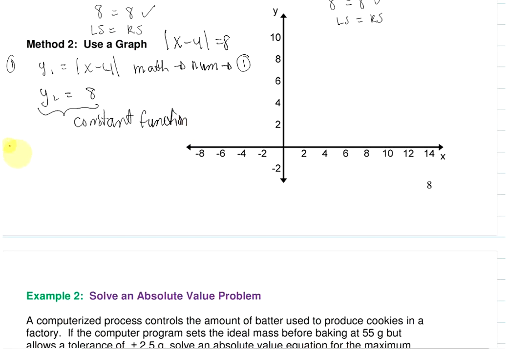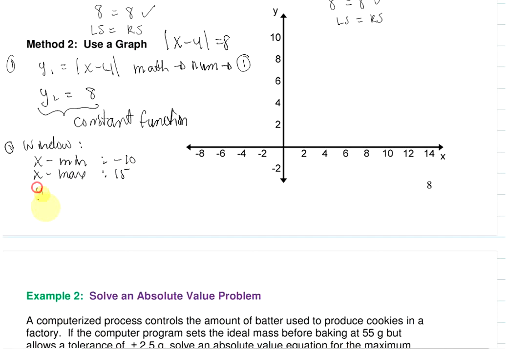For your window settings, x min is -10. X max is 15. I picked 15 because one of our answers for x was 12, so we want to make sure that we can see that.